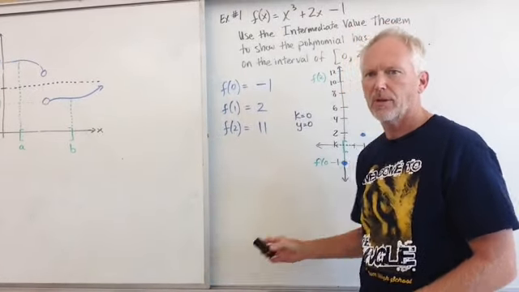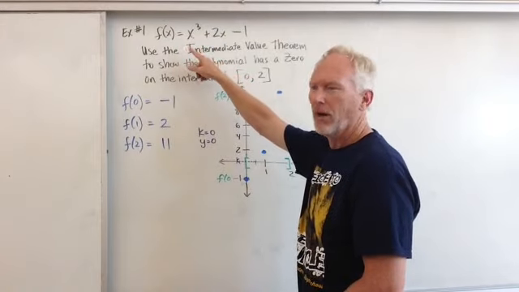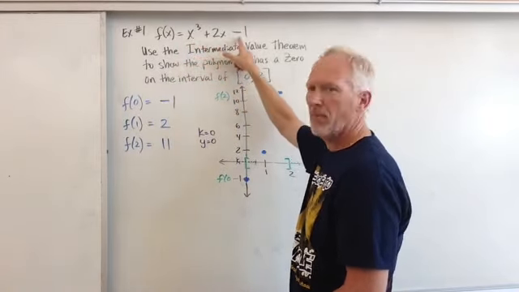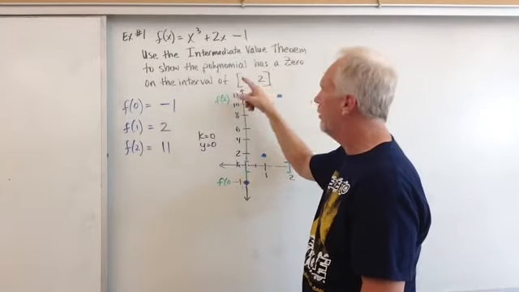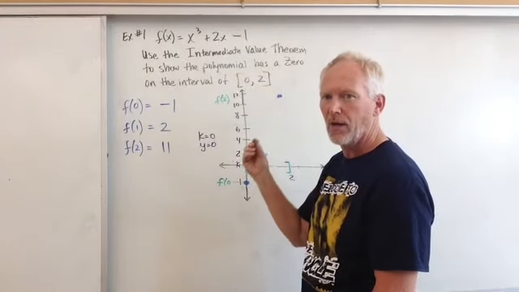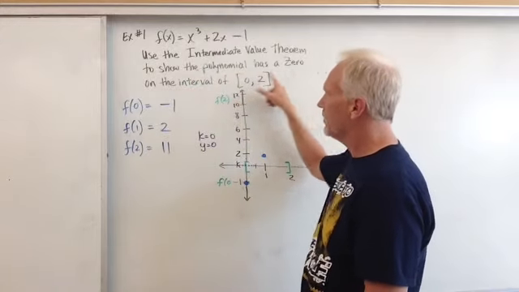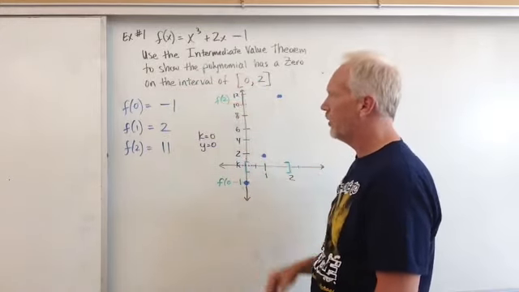Example 1, f of x is equal to x cubed plus 2x minus 1. Use the intermediate value theorem to show the polynomial has a zero. Remember, a zero is where the function crosses the x-axis. To show the polynomial has a zero on the interval of 0 to 2.